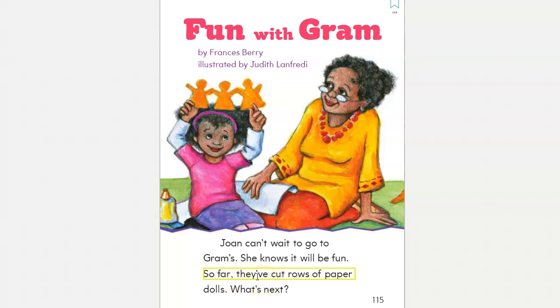The apostrophe takes the place of the HA in have. They've. They have cut. The last contraction I see on this page is the word what's. What's is a contraction for what is. What's next? What is next? Look for more contractions throughout our story and see if you can tell what they are a contraction for.